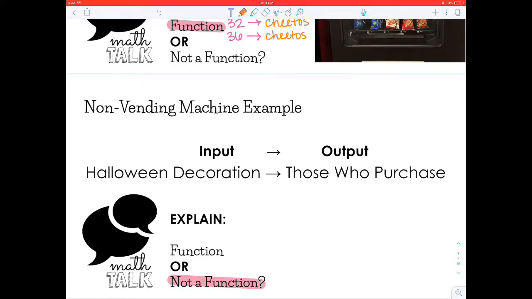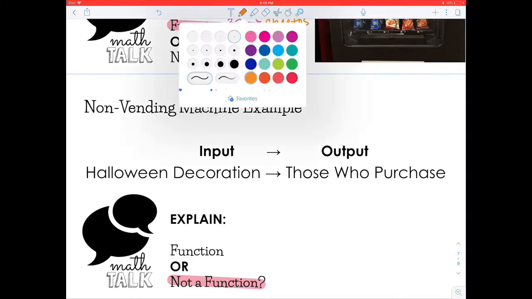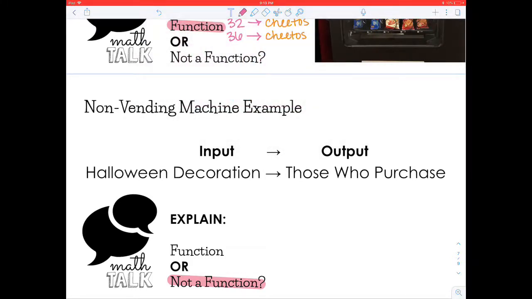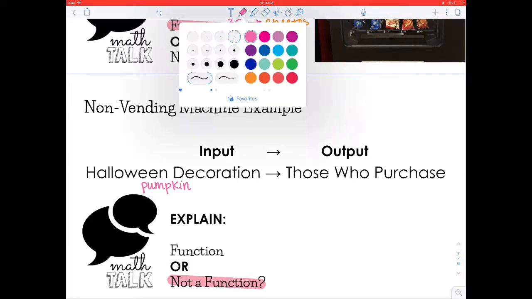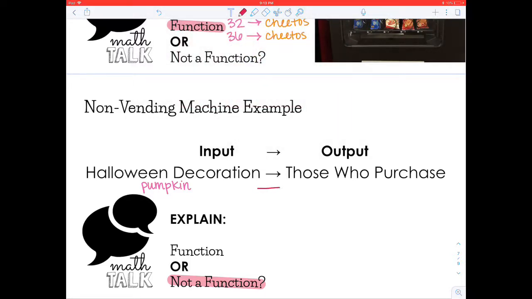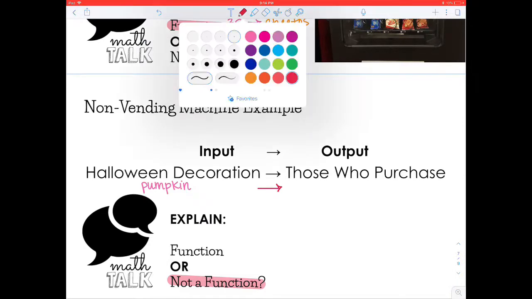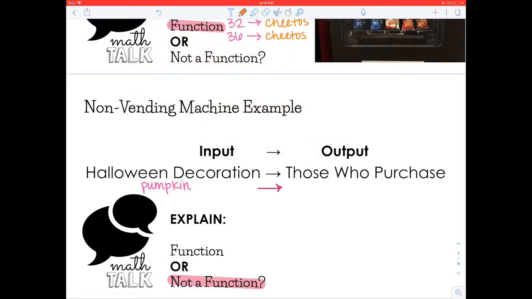So let's think of any Halloween decoration as our input. Maybe a pumpkin. Okay, and then let's think about all the people who are going to buy this decoration from the store. The store gets a bunch of pumpkins and that specific item. Think of all the people who could purchase it.